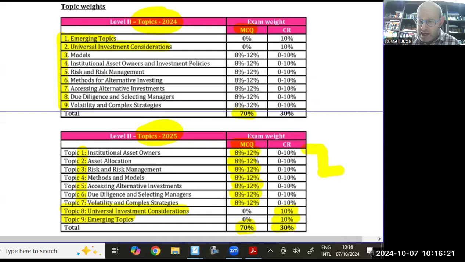That could come from any of the first 7 topics. So remember again, constructed response, exam weighting, 30%, 3 questions, 2 will come from topic 8 and topic 9 combined, 1 each, and 1 will come from somewhere else. We don't know where. So from the first 7 topics, guaranteed to be an MCQ question, but there'll be another question. Okay, we don't know which topic it's going to come from.